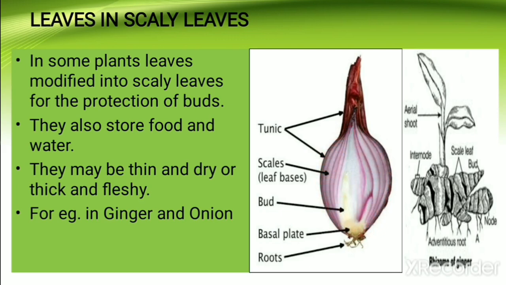So in onion, these leaves get modified into scaly leaves for the protection of that inner bud, and they store the food and water for that bud. But in some cases they may be very thin and dry or thick and fleshy. So they are thick and fleshy in case of onion, and they are thin and dry in case of ginger.